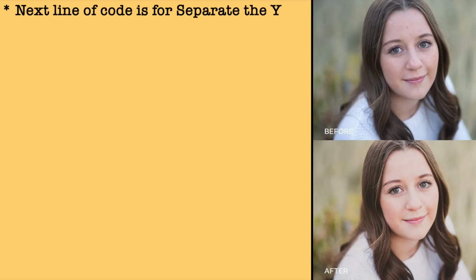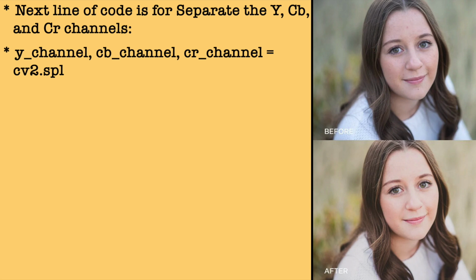The next line of code is to separate these three channels, that is Y, Cb and Cr channel. For this, we write y_channel, cb_channel, cr_channel equal to cv2.split(ycbcr_image).